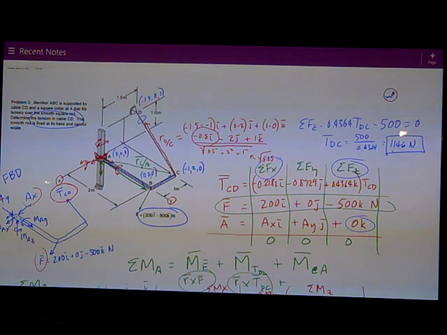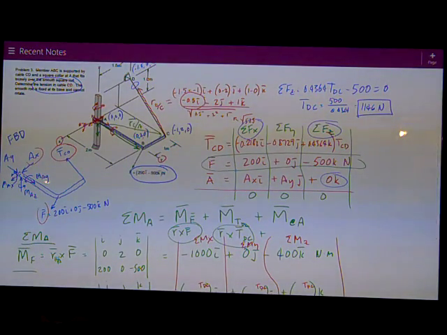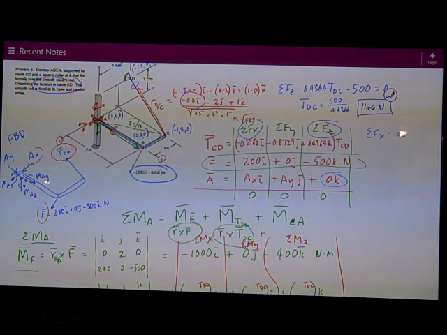Now, if I want to know the moments at A and the reactions at A, I still need to solve all this stuff. But once I know the tension in the cable, I can plug all those values in, and now I can do sum of forces in the X, and that's equal to negative 0.2182 times that 1146 I just figured, plus 200 plus AX.